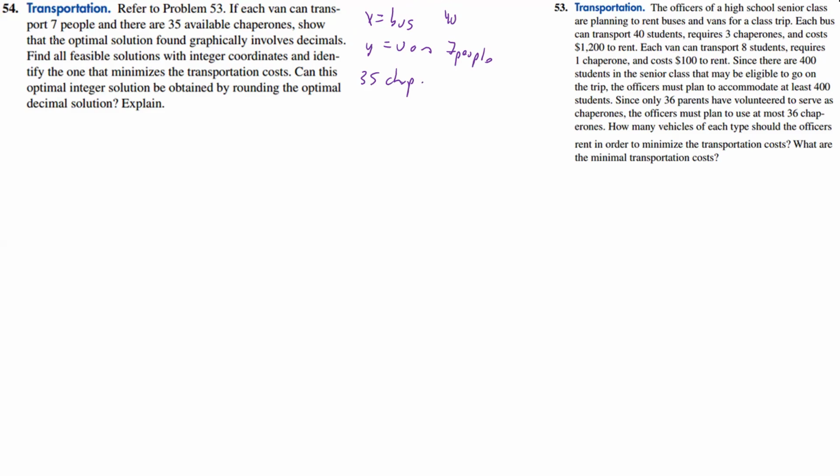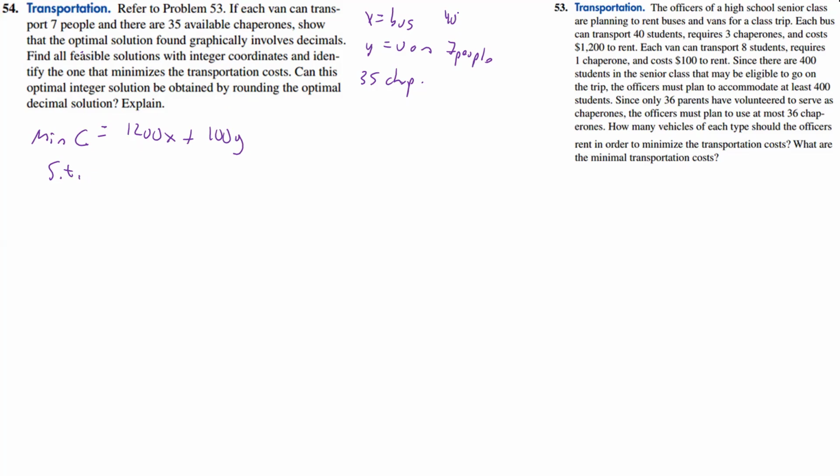So what we want to do is minimize the cost. And what do we want to minimize? Well, we have $1,200 to rent the bus. So we have 1,200 times x plus, and the vans are only 100 times y. So we're minimizing that cost, and it's subject to, all right, now we got to make sure we have all the right things.